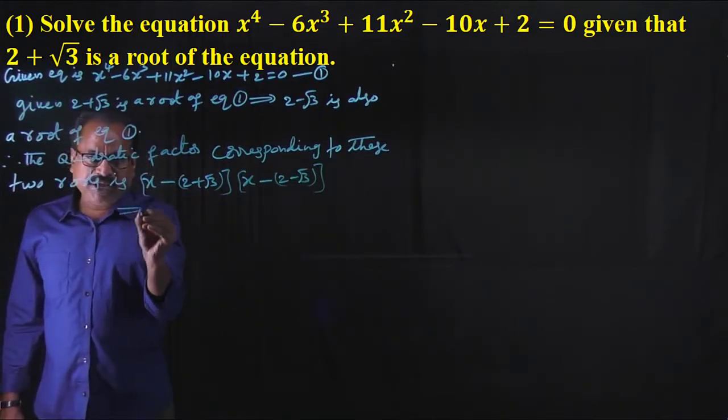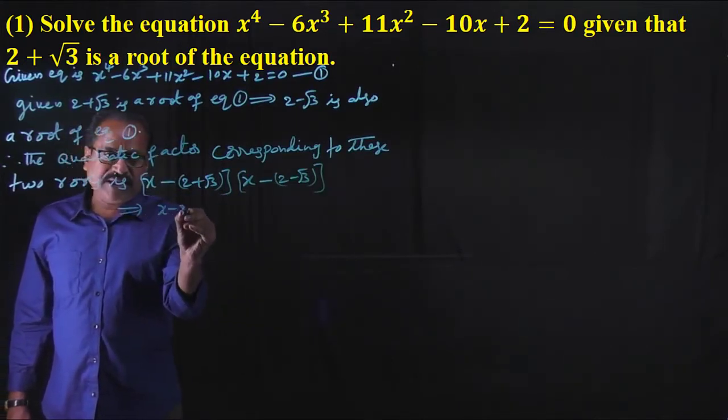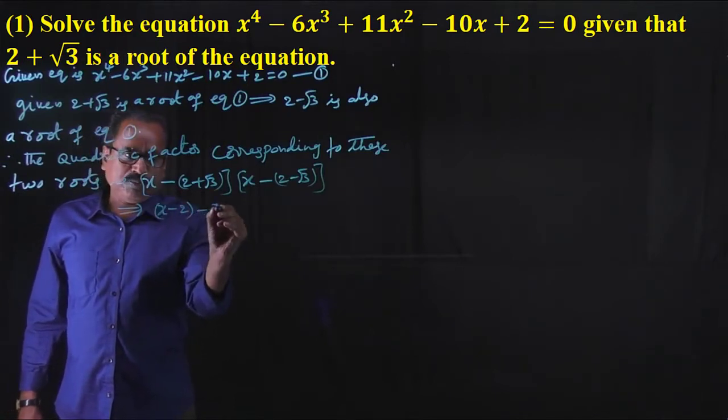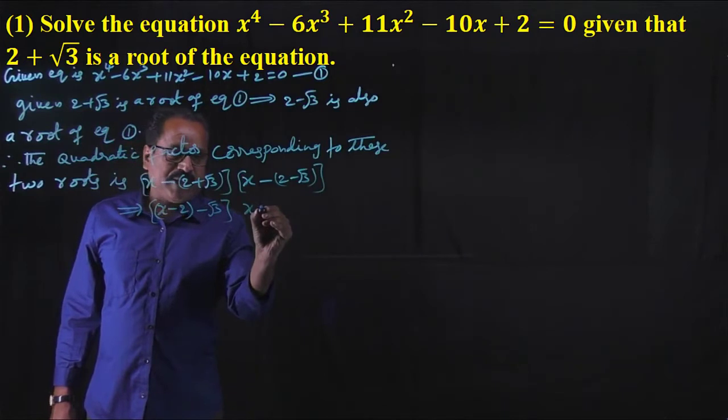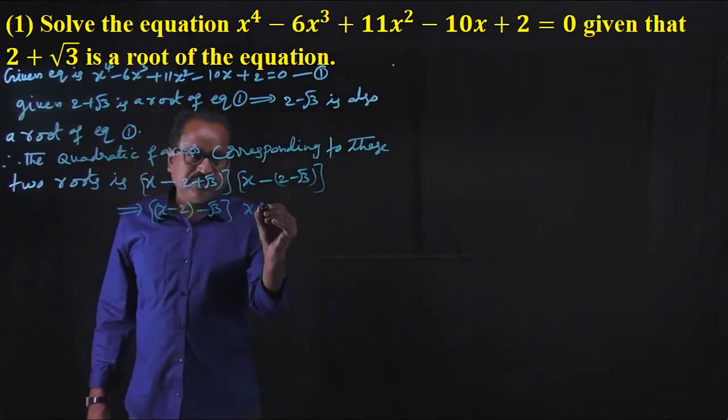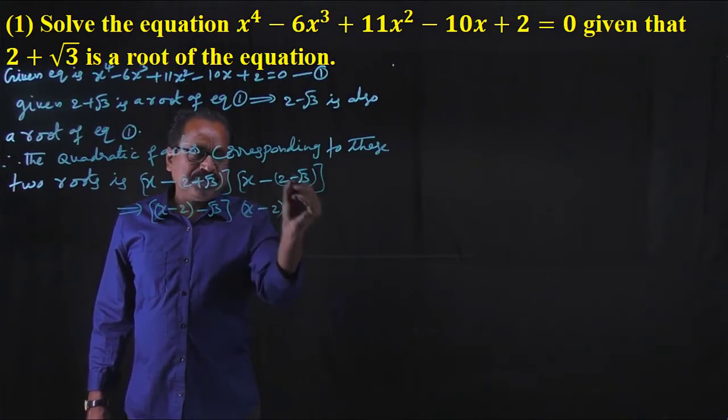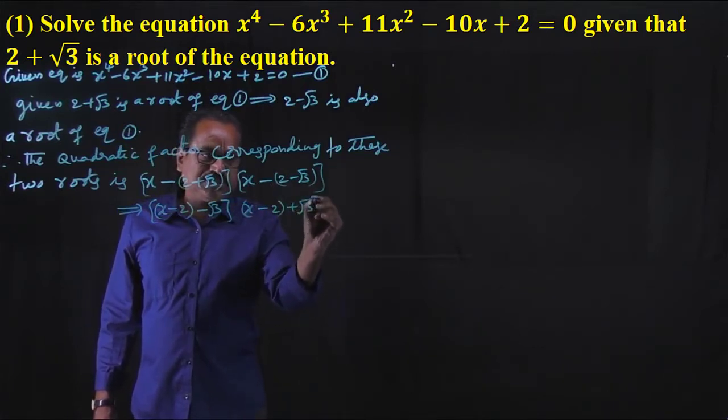So this implies (x minus 2 minus root 3) into (x minus 2 plus root 3).